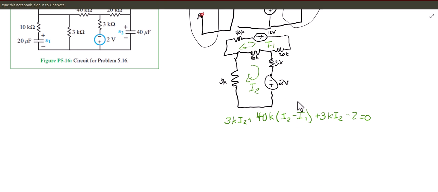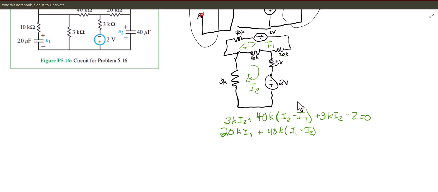Okay, so now let me do I1. I'll start with the 20 kilo ohm resistor. So 20K I1 plus 40K times, this time it's I1 minus I2, because we're going in the I1 direction.